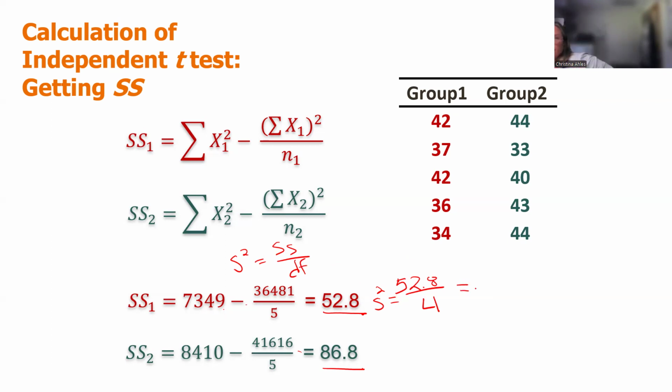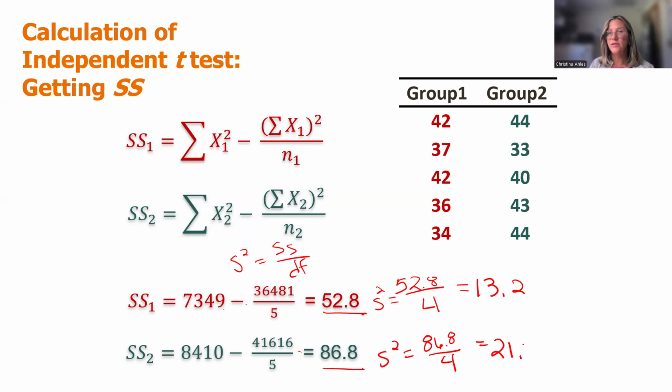And if we calculate that, it's 13.2. Okay. Now the variance for group 2 is 86.8 divided by 4. So 86.8 divided by 4, that's 21.7.